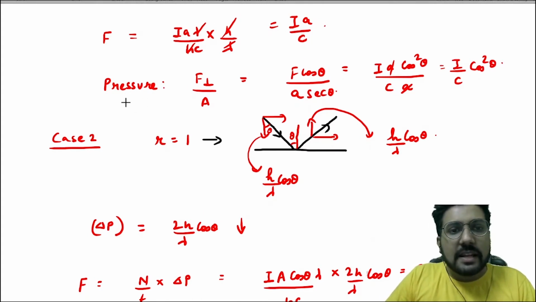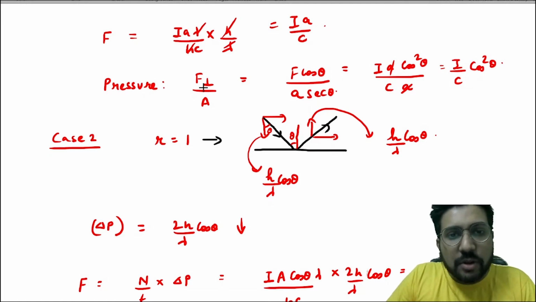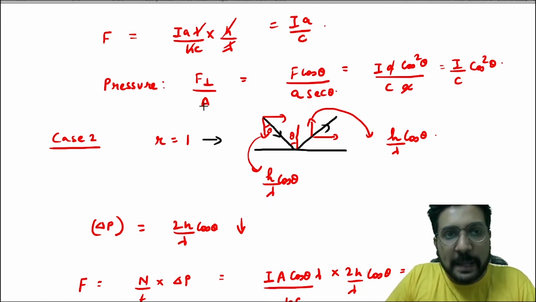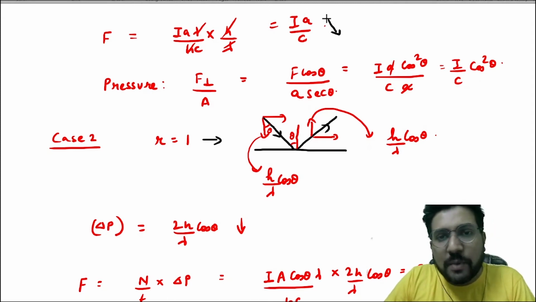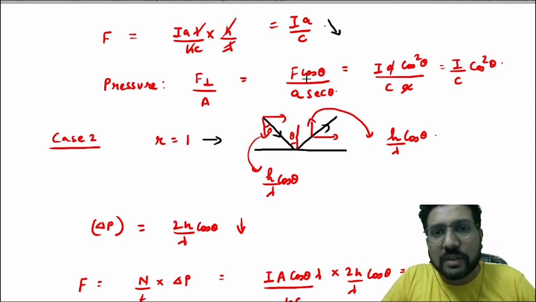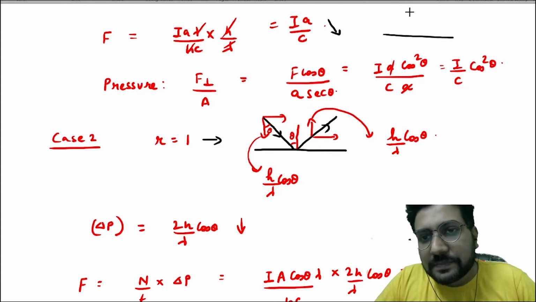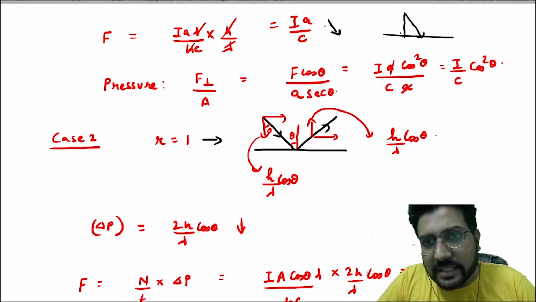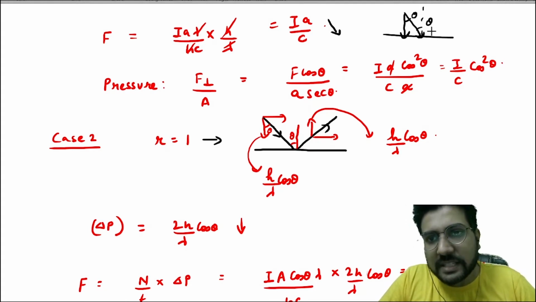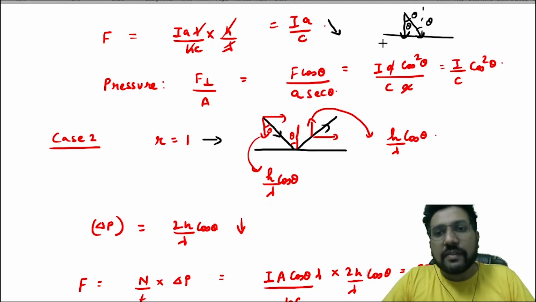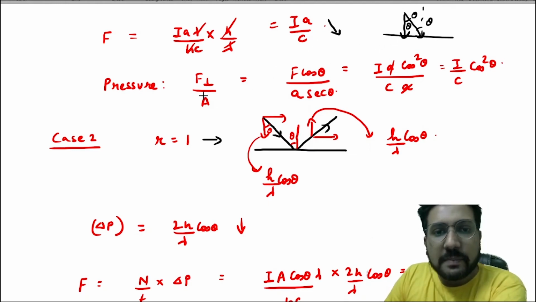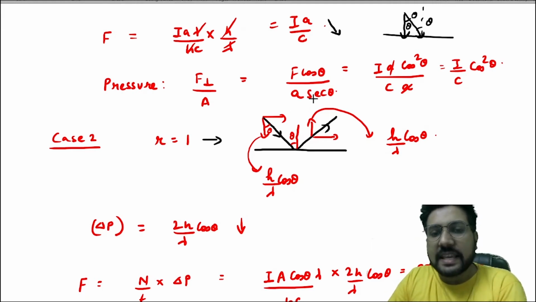Okay. Then you know that pressure is F perpendicular by A. Now this force is in this direction, so you will have to take the component of this force. So I'll write F cos theta, because this is the direction of the force and I need this component, and this angle is theta. F cos theta divided by the area of the surface, A sec theta.